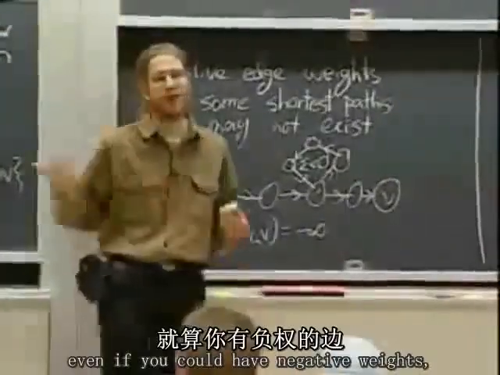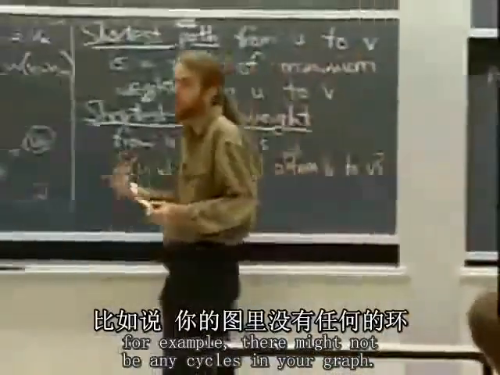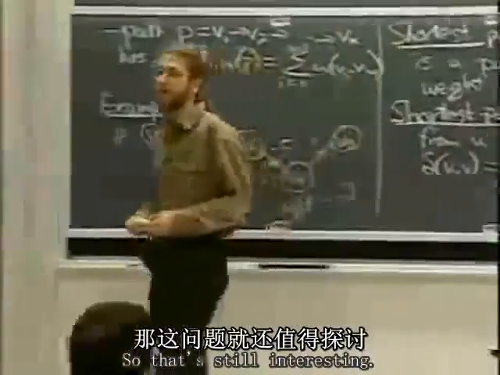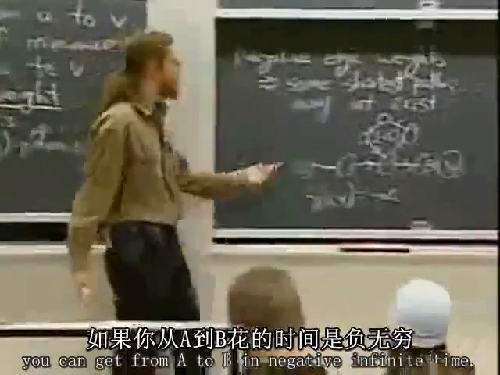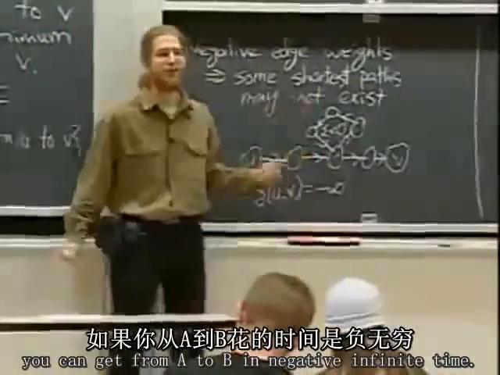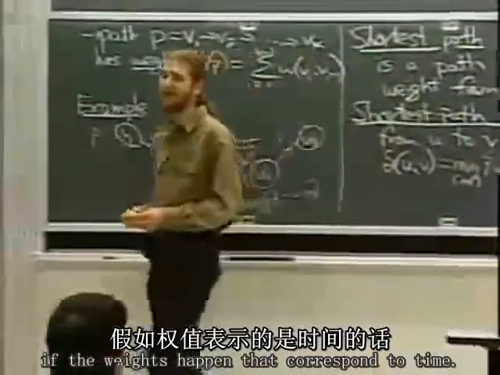Even if you could have negative weights but still no negative weight cycle. For example, there might not be any cycles in your graph. So that's still interesting. And I guess it's useful to know that you can get from A to B in negative infinite time. That's great. It's time travel. Okay, if the weights happen to correspond to time.